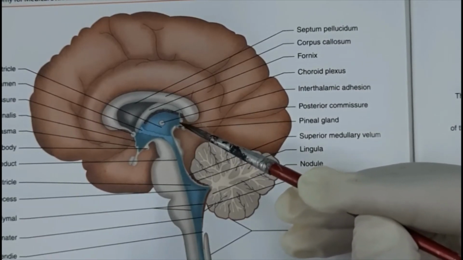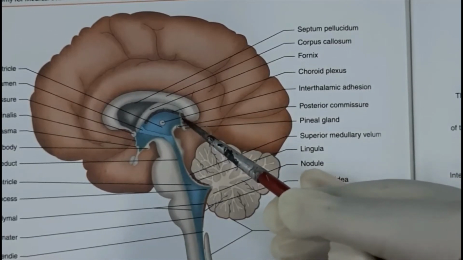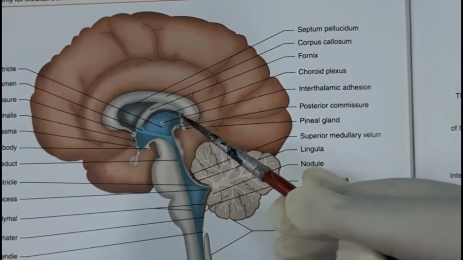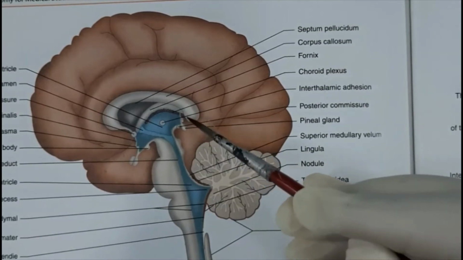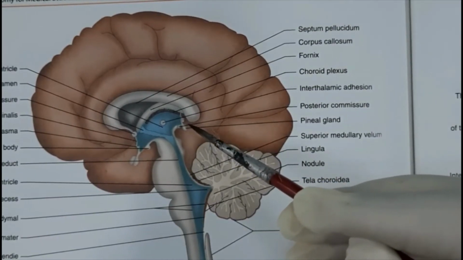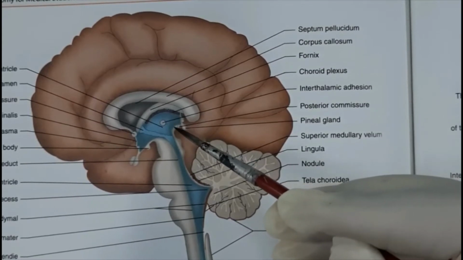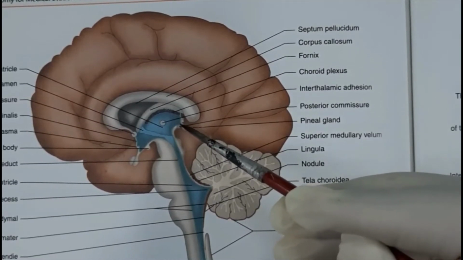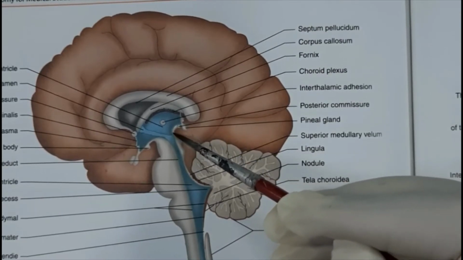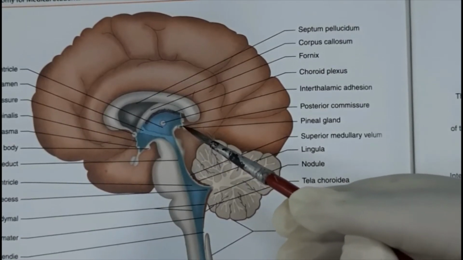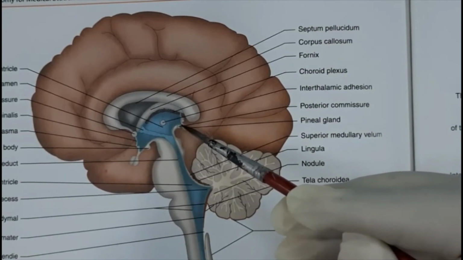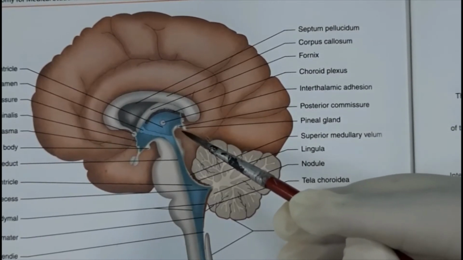After the suprapineal recess, this dot-like structure seen in the posterior wall is the habenular commissure. Below this habenular commissure is the pineal gland, and the wall of the third ventricle here forms a recess again, called the pineal recess, which is present in the stalk of the pineal gland.